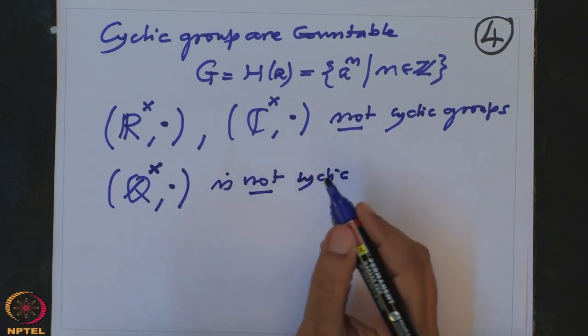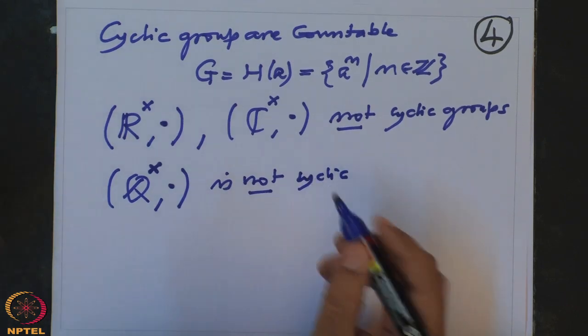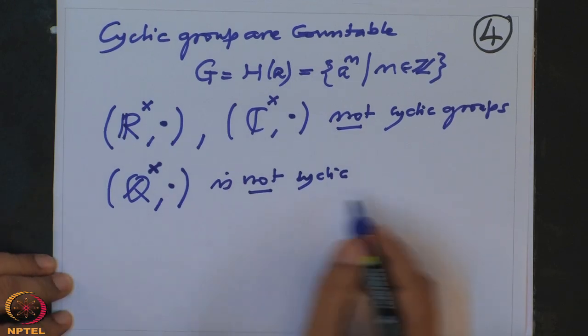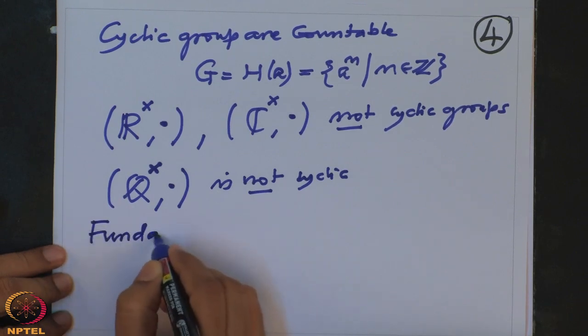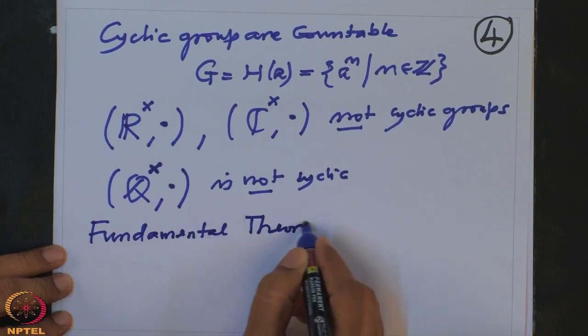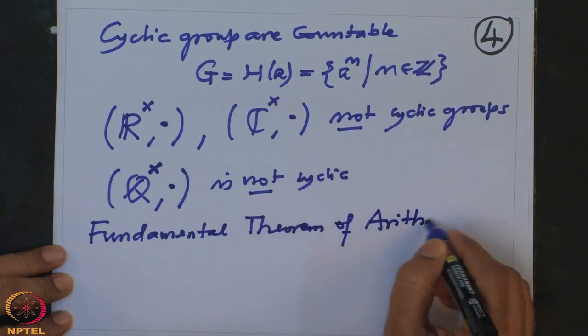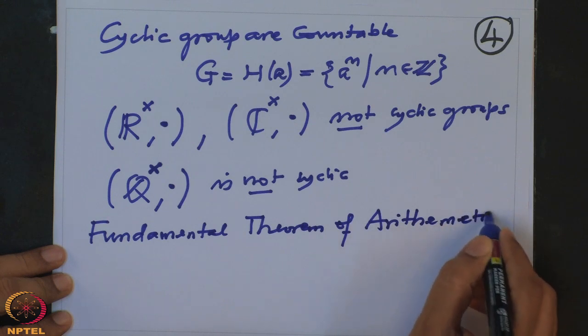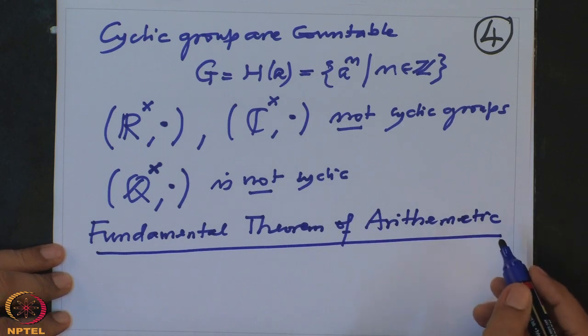This needs a proof, but this proof is not obvious, but also it is not so difficult. This follows from what is called the fundamental theorem of arithmetic, which one learns in school, which says that every natural number is a product of prime numbers in an essentially unique way, up to a permutation.